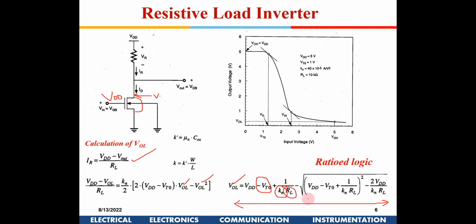It is increasing this value, VDD minus VTH, the threshold value. Will the device enter into the saturation region early if some amount of VOL is increasing suddenly?